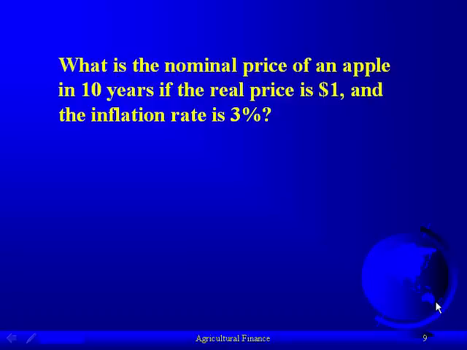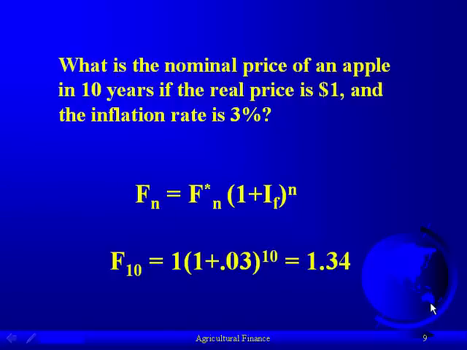So what is the nominal price of this apple in 10 years if it costs $1 today, but is going to increase at the rate of inflation of 3% a year? Again, we're assuming no relative price changes, just changes having to do with the increase in the overall price level. So how do we calculate that? We know the real price, which is $1, and we know the inflation rate, which is 3%, and we know that this is going to inflate for 10 years.